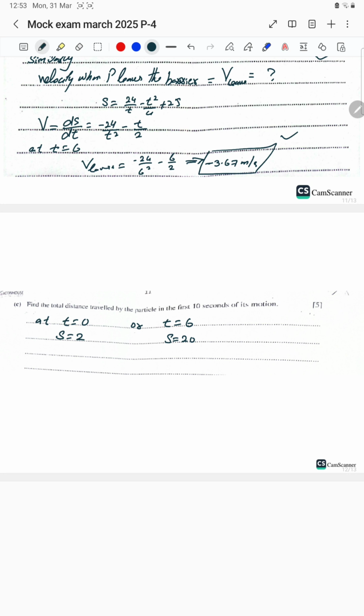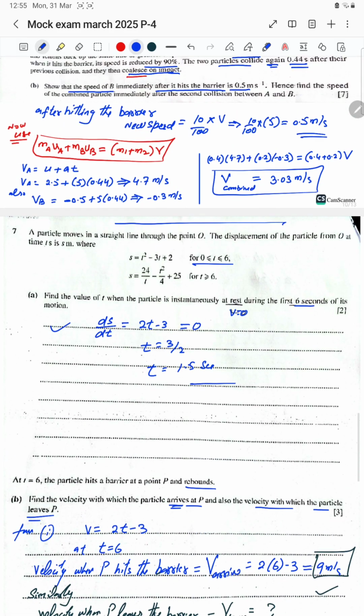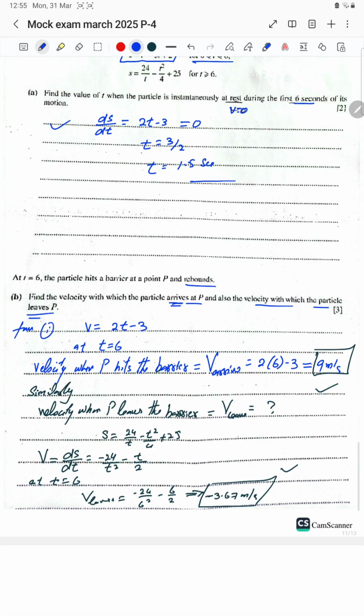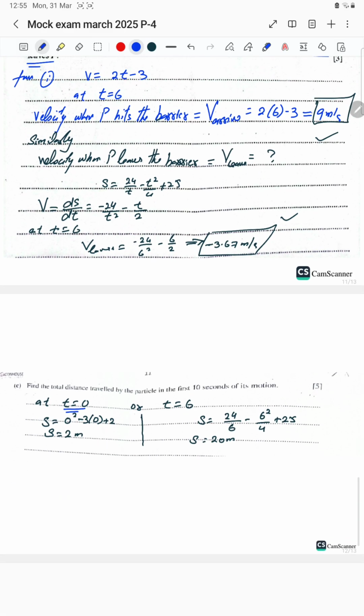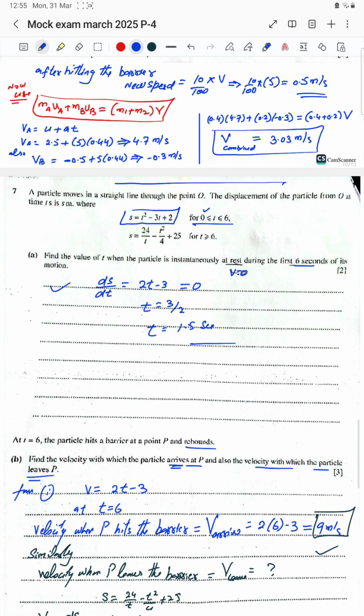You can suppose initially and finally. When t is 0, we use the first displacement, because from 0 it's only 2 meter, and when t is 6, we use the second displacement, that is s is equal to this one.